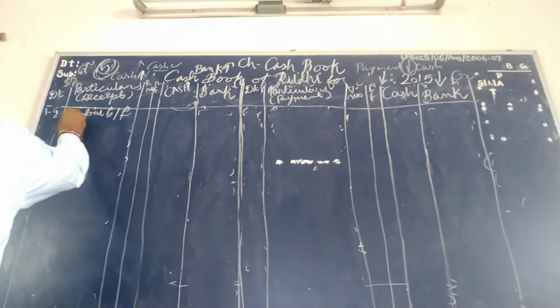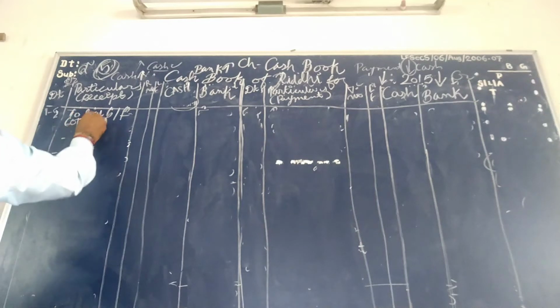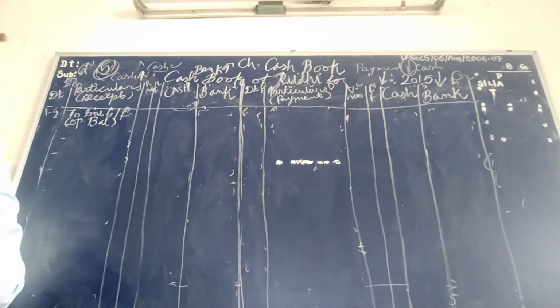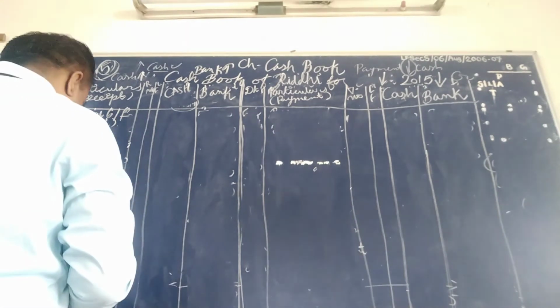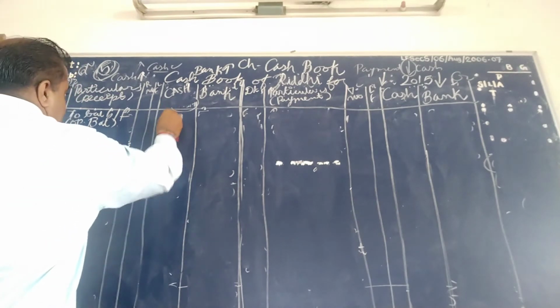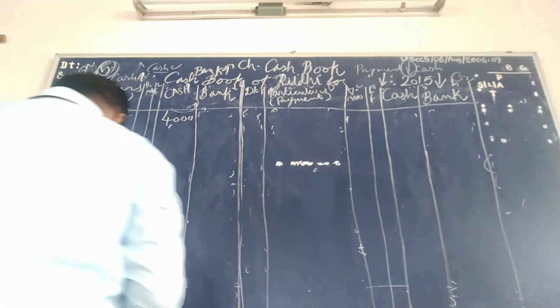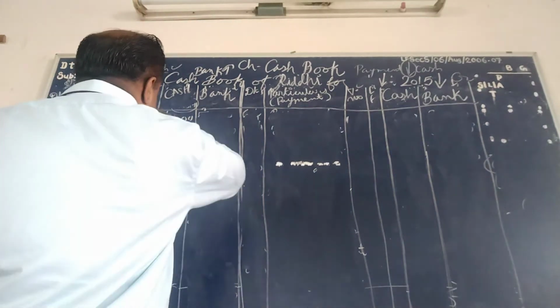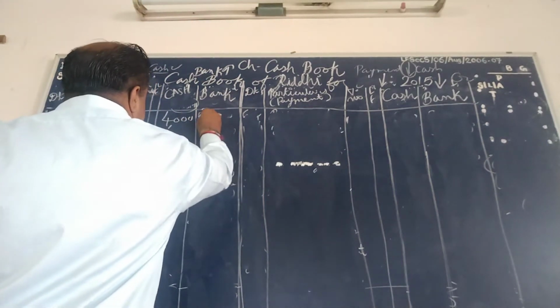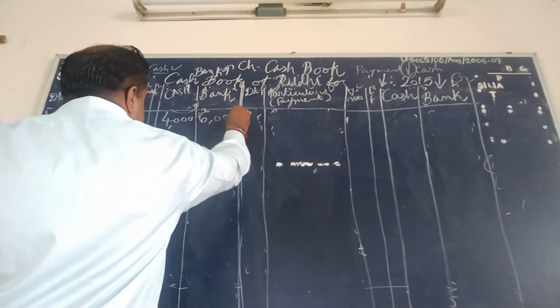This is also called the opening balance. So the opening balance is 4,000 in the form of cash, and opening bank balance is 6,000. So we write here 6,000.